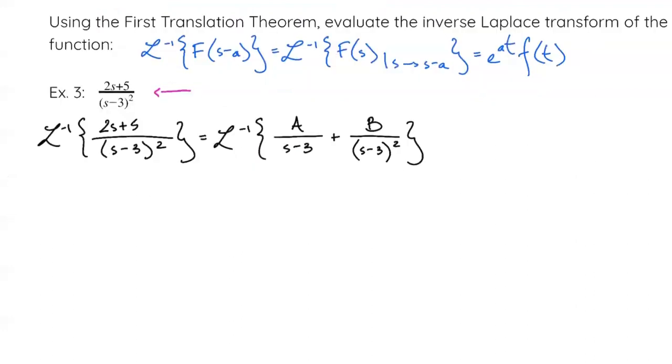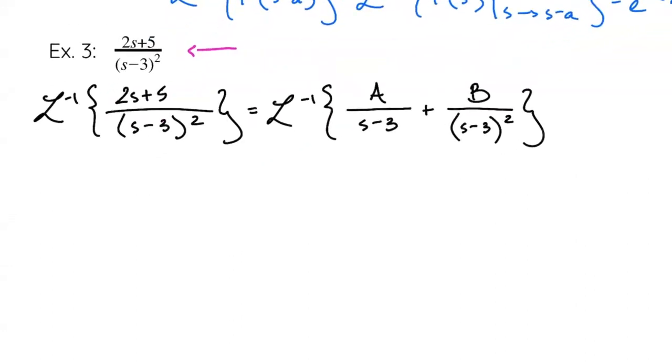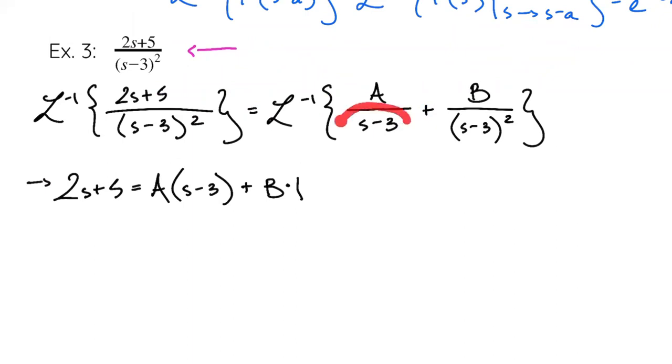All right, so let's do a quick partial fraction decomposition here. We're going to have 2s plus 5 equals A times s minus 3 plus B times 1, right? The only thing I need to do to make the denominators the same is multiply that first fraction by s minus 3.